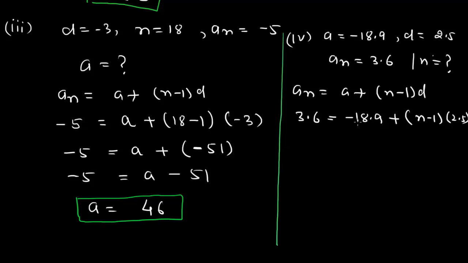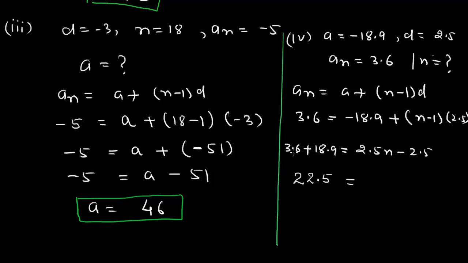Now if we take minus 18.9 to the other side of the equality, we get 3.6 plus 18.9 equals N minus 1 multiplied with 2.5, which gives 2.5N minus 2.5.